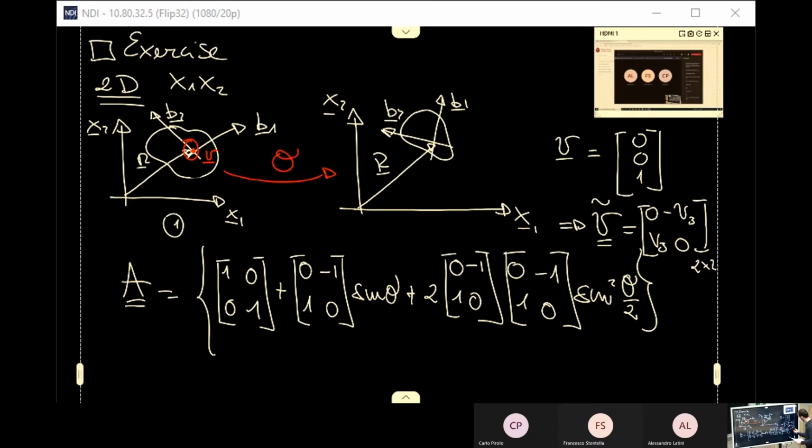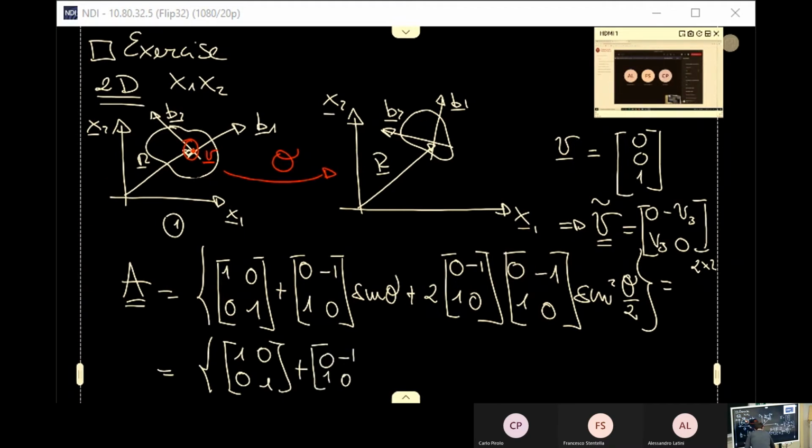If we do some very simple math, this can be rewritten as, again, the identity matrix plus 0, minus 1, 1, 0 applied over the sinus of theta, plus 2 times, we just do the matrix product here between these 2 by 2 matrices, and we get minus 1, 0, 0, minus 1.